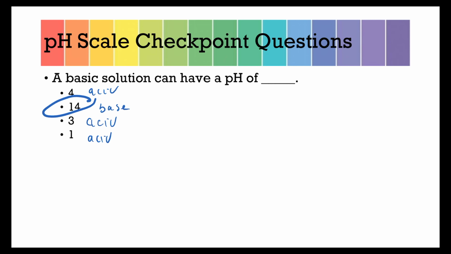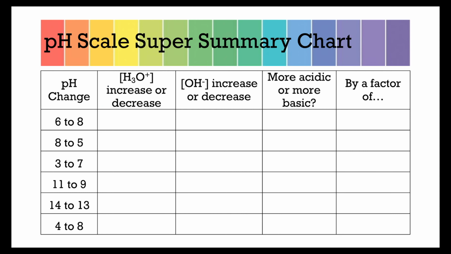Okay, so to wrap things up, here's a super duper summary chart. Let's work through this together. If our pH is going from 6 to 8, that means we are becoming more basic. If you're becoming more basic, that means your H3O plus goes down and your OH minus goes up.